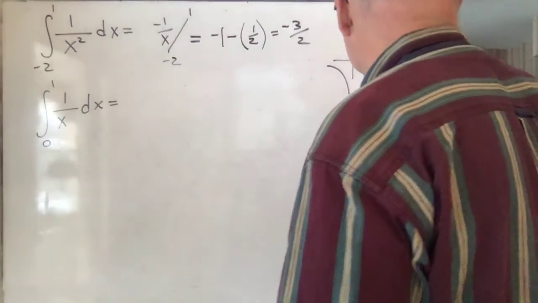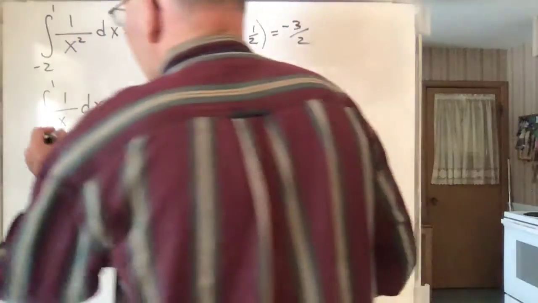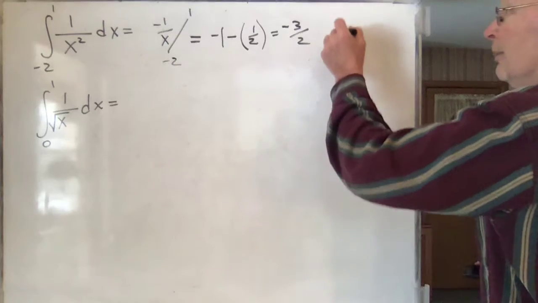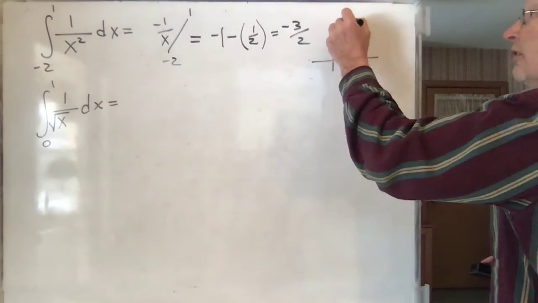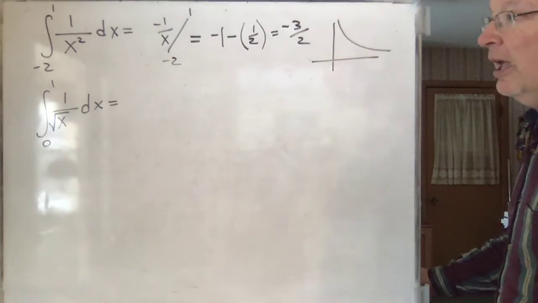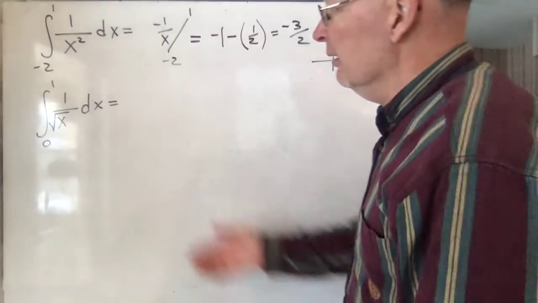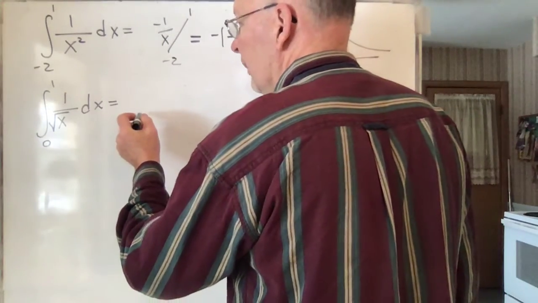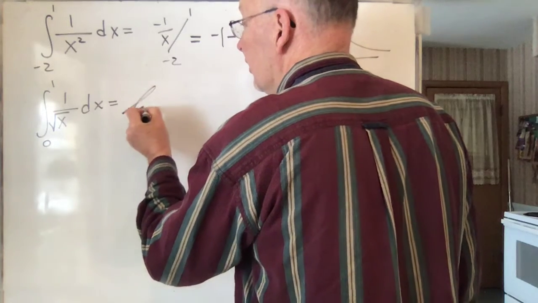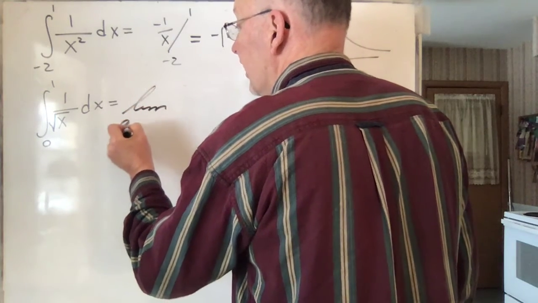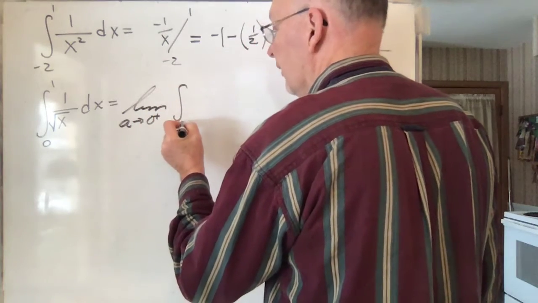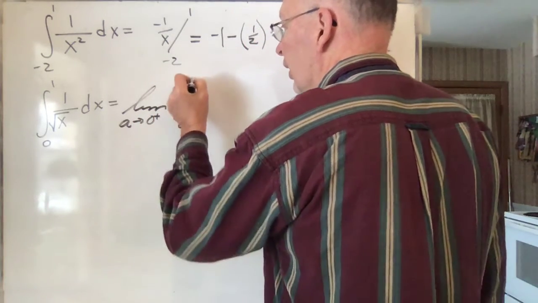Let's try another one. How about 1 over the square root of x? Okay, it has the same look to it again. It's going to look like this. And let's go ahead and do it one more time. So I'm going to say this is equal to the limit as a approaches 0 from the right of the integral from a to 1.